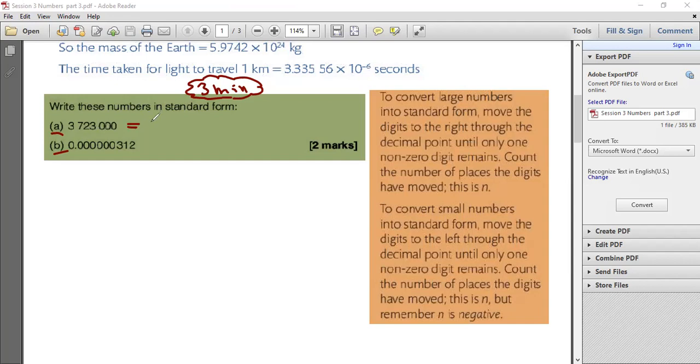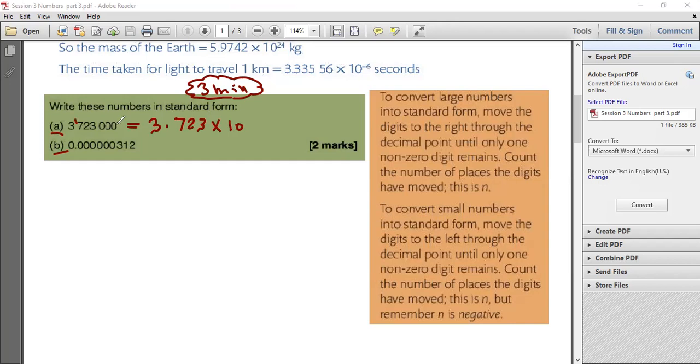You write what? 3 point what? 723. 3.723, isn't it? Times 10 to the power 3. You stopped here, yes?